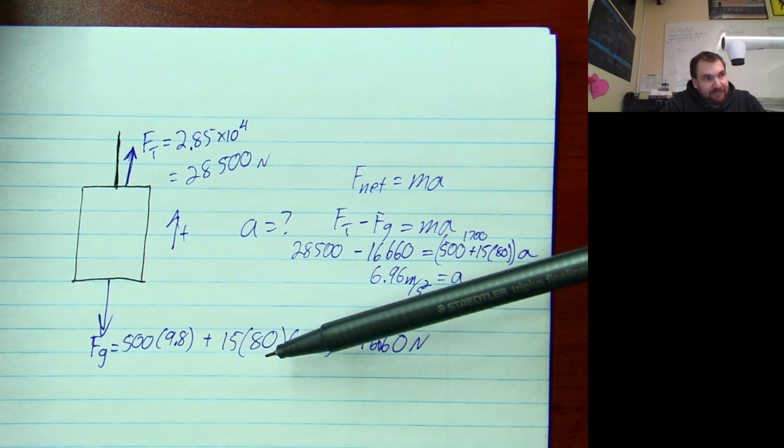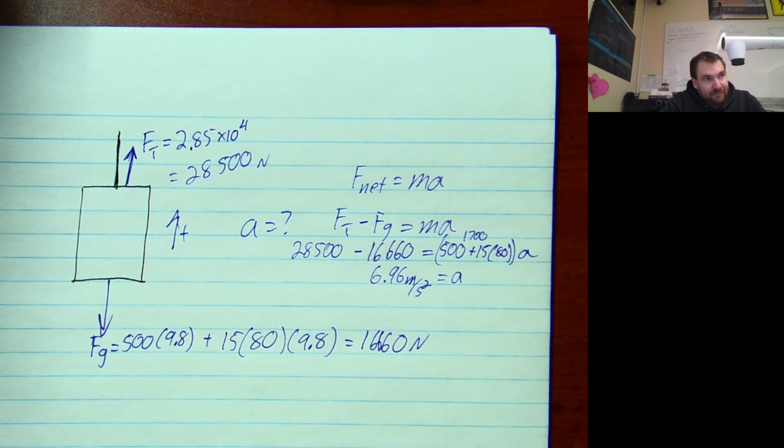The elevator question. If the elevator goes into a free fall and you are both accelerating at 9.8 meters per second squared, and you jump off the elevator as it's free falling down to the ground.